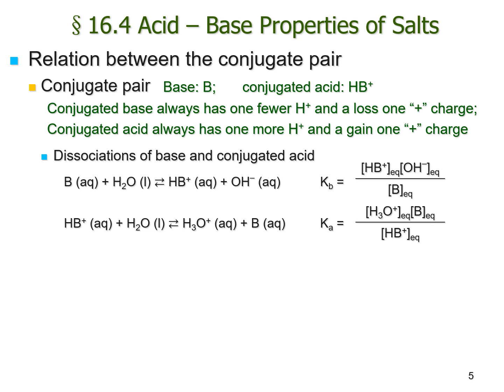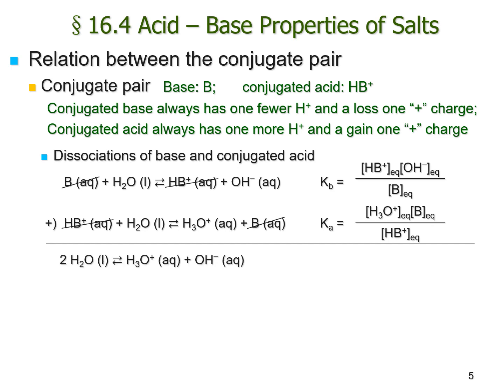Now let's see what happens if we add these two reactions together. We realize we can cancel out the B, the base, and also we can cancel out the conjugated acid as well. Let's see what we have left. We got 2 molecules of water on the left. We have OH minus and hydronium. What's that? It is the autoionization of water.